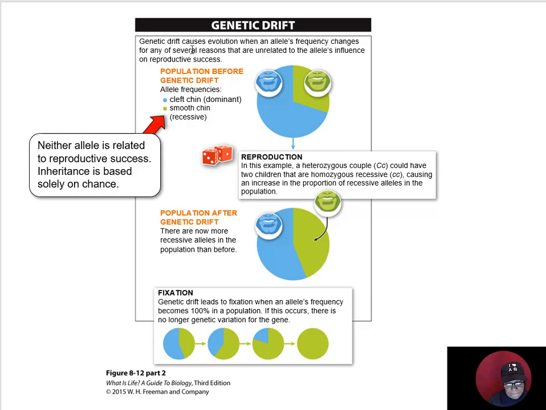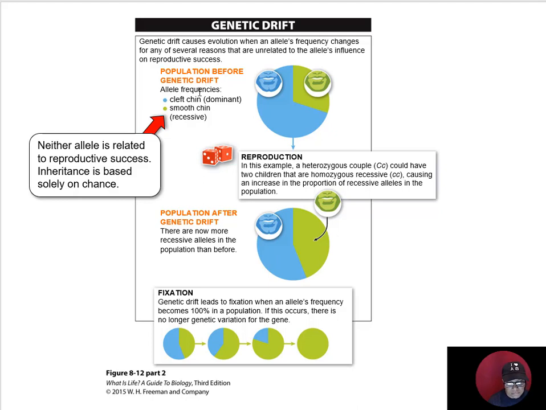So for example, here you have genetic drift causing evolution when an allele's frequency changes for any of several reasons that are unrelated to the allele's influence on reproductive success.